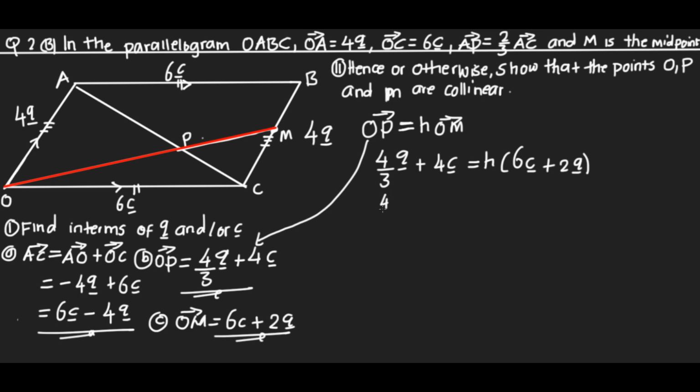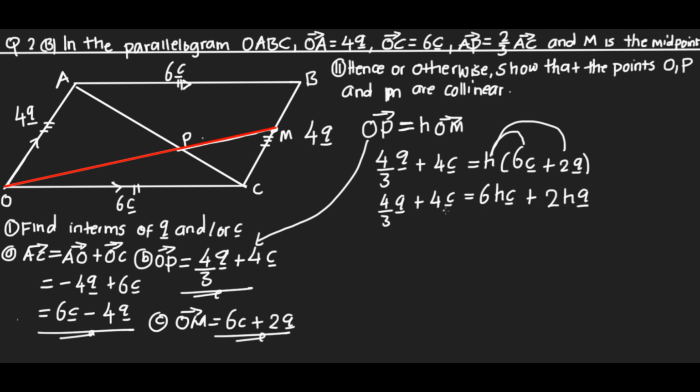After this, what are we supposed to do? On the right side, I'm going to expand by multiplying everything inside the brackets with H. H times 6C gives 6HC, plus H multiplied by 2Q gives 2HQ.